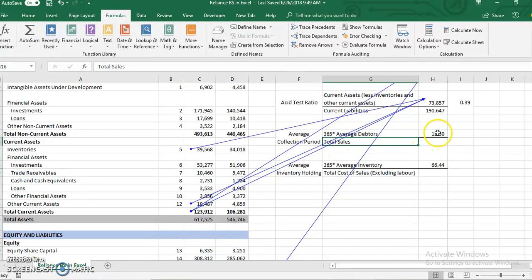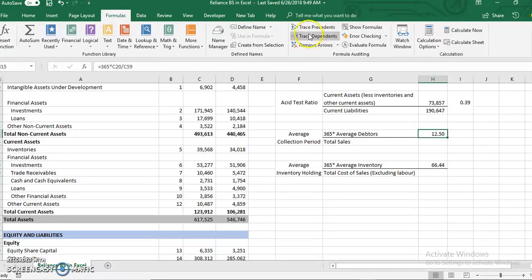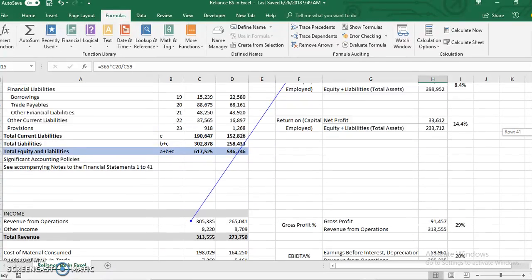So that will lead you to the formula like this. Let me remove the arrows first, and then we look at the arrow again here. So this one divided by, multiplied by 365, divided by total sales.